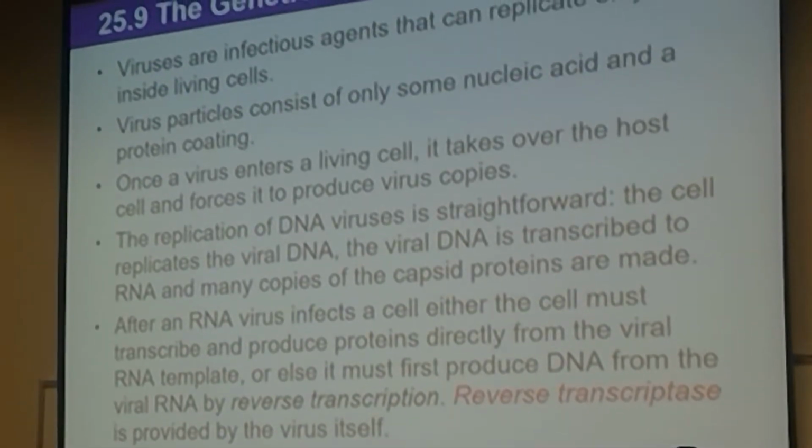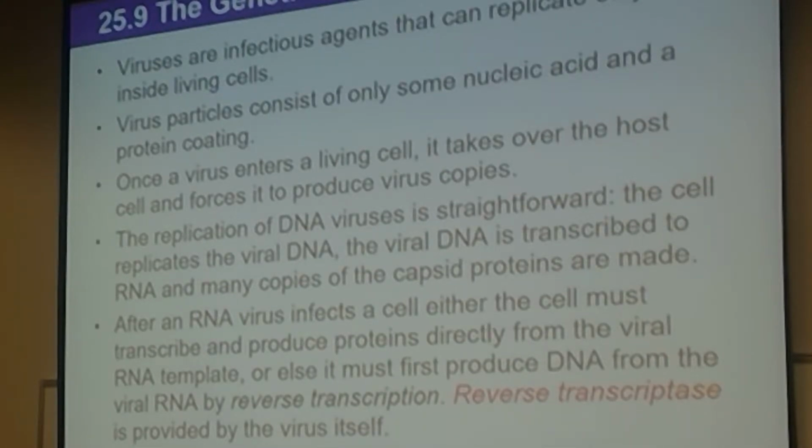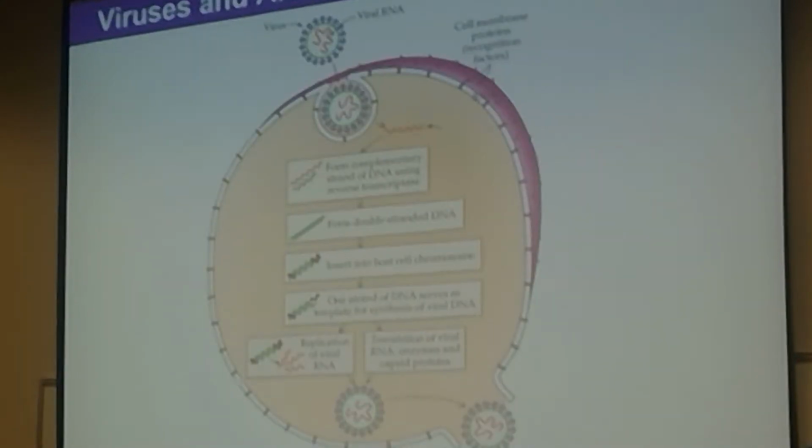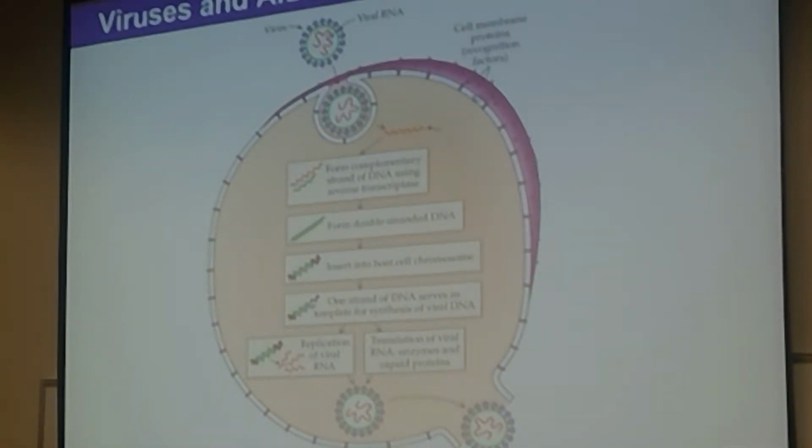Sometimes we call them retroviruses. Once an RNA virus gets inside, I have a figure actually. Here is the virus, and this is the RNA, and this is the capsid protein that makes the coat around the RNA that can get inside our cell.